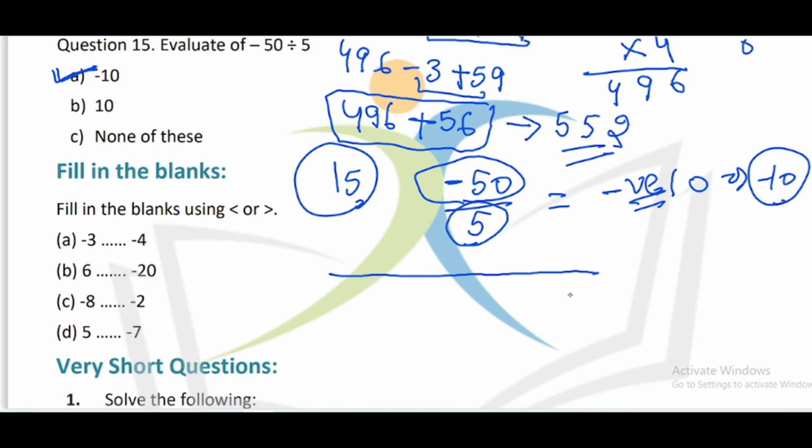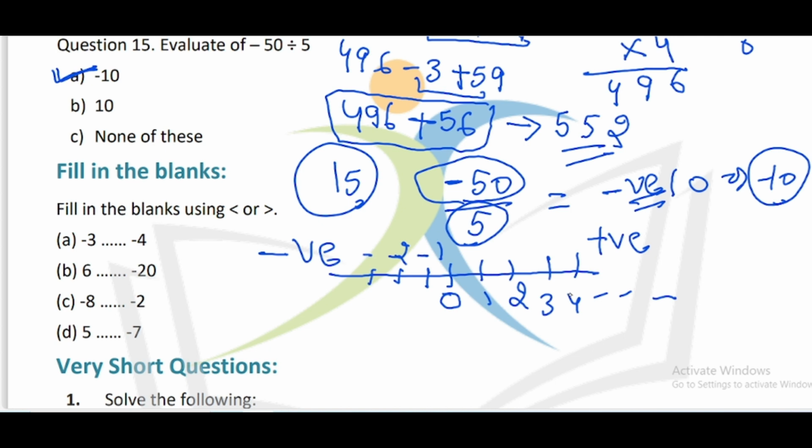On a number line with 0, if we move to the left side of the 0 it shows the negative integers, and if we move to the right side of the zero it shows positive integers. That is 1, 2, 3, 4, and so on, and minus 1, minus 2, minus 3 and minus 4.